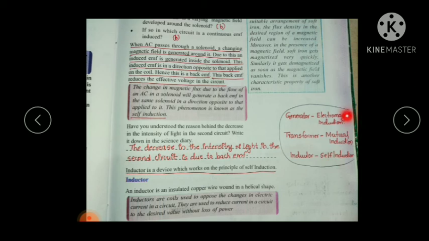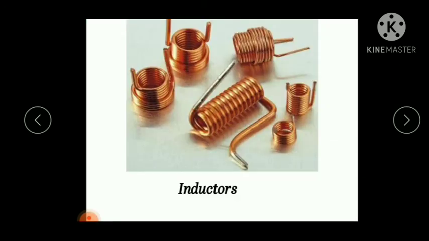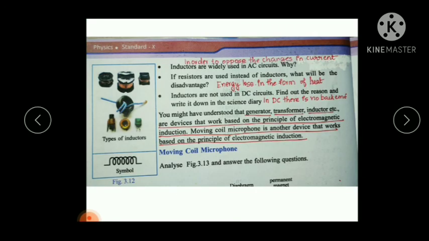But the common principle behind all these is electromagnetic induction. So generator, transformer, inductor, all these devices work based on the principle of electromagnetic induction. So which are the devices which are working on electromagnetic induction? Generator, transformer and inductor.